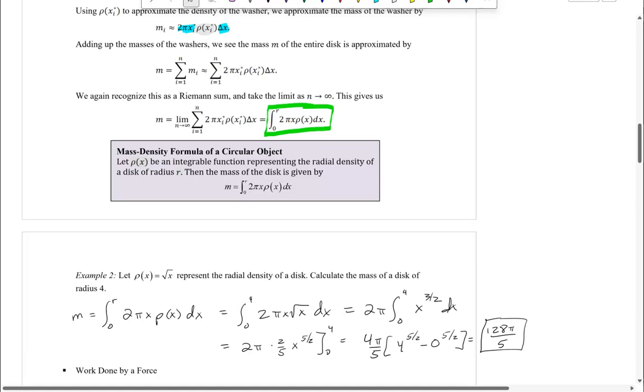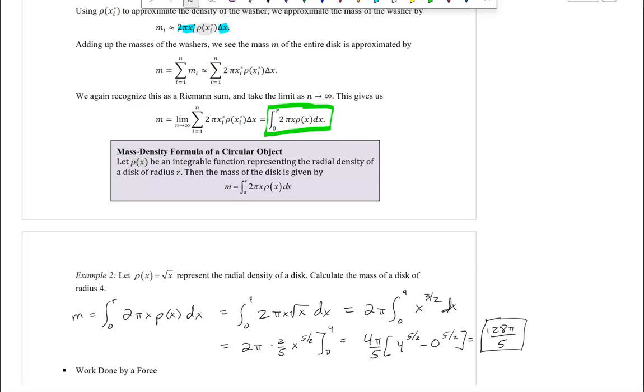Now, a common question at this point is, well, okay, great, we can find the mass of an infinitely thin wire along the x-axis between a and b, as we did in the first example. And then with this second example, we found the mass of a circular disk that has variable radial density.